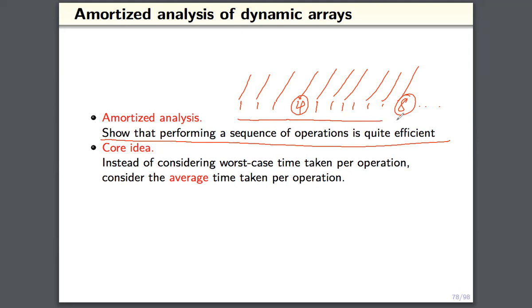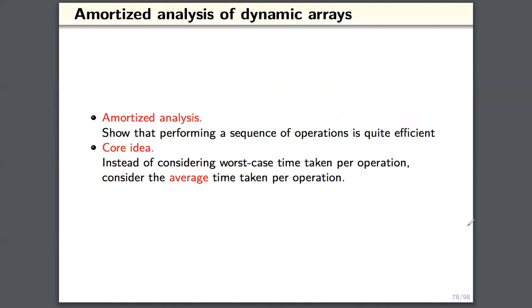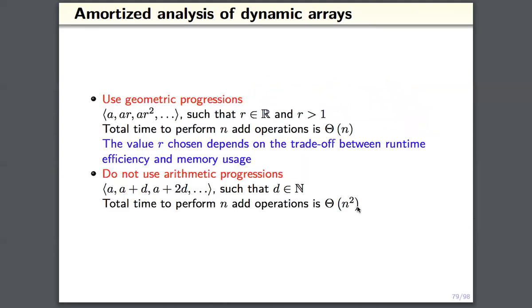On an average, each of these operations takes O of 1 time. That's the idea behind it. Performing a sequence of operations is efficient. That's the meaning of amortized analysis. So instead of considering the worst case time n, which happens very rarely, we are getting O of 1. Yeah, use geometric progression, do not use arithmetic progression.